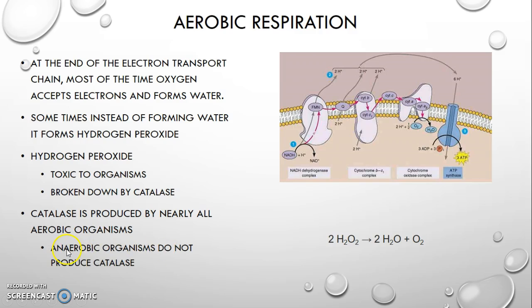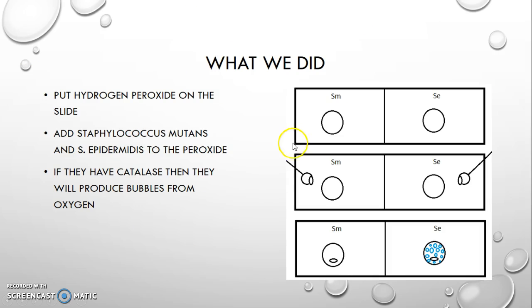Anaerobic organisms that don't undergo this do not produce catalase because they don't need to, because they don't have any H2O2, because they don't have this electron transport chain. So this enzyme catalase is very important for anything that produces energy by aerobic respiration.